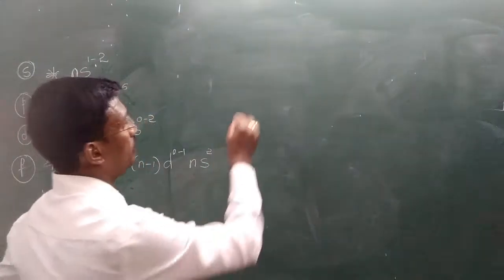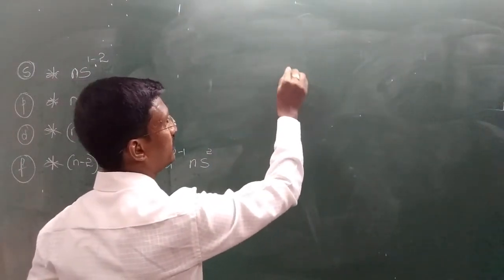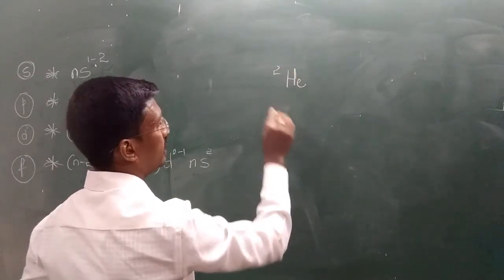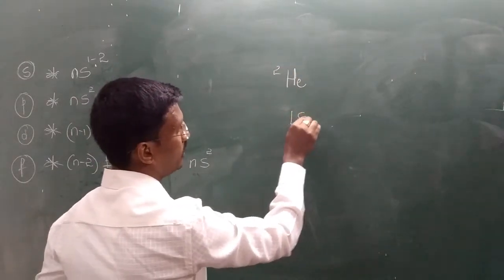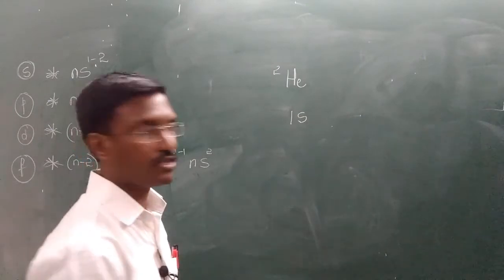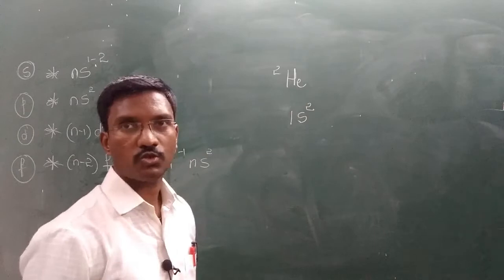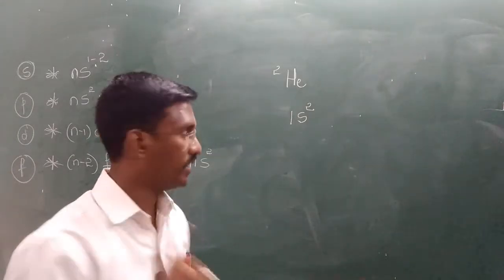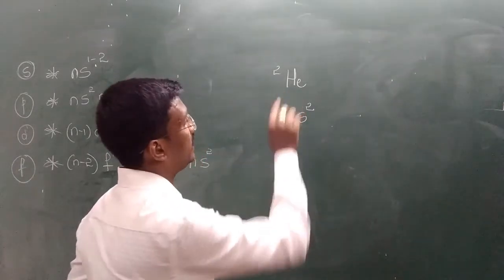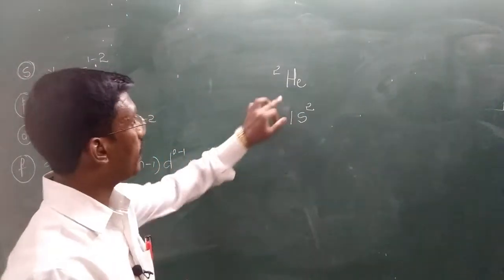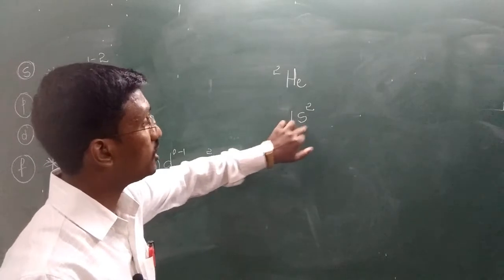Look here, helium has atomic number 2, with electronic configuration 1s2. Hydrogen has atomic number 1, that is 1s1, and helium has 1s2.